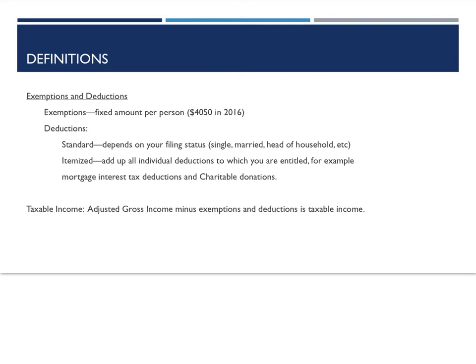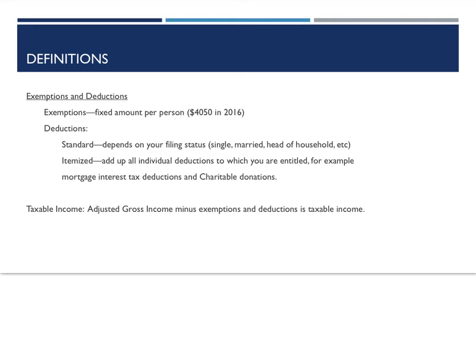It's $4,050 for this tax year. And like I said, you get a $4,050 deduction, you deduct $4,050 from your income for every person you have in your household that you call a dependent.